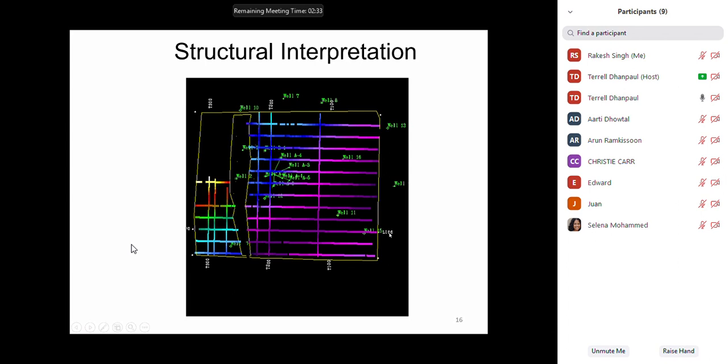So this is line 100, and you will do an interpretation along this line. You can also do an interpretation along this trace. Trace 200 and trace 100 intersect at this point here.